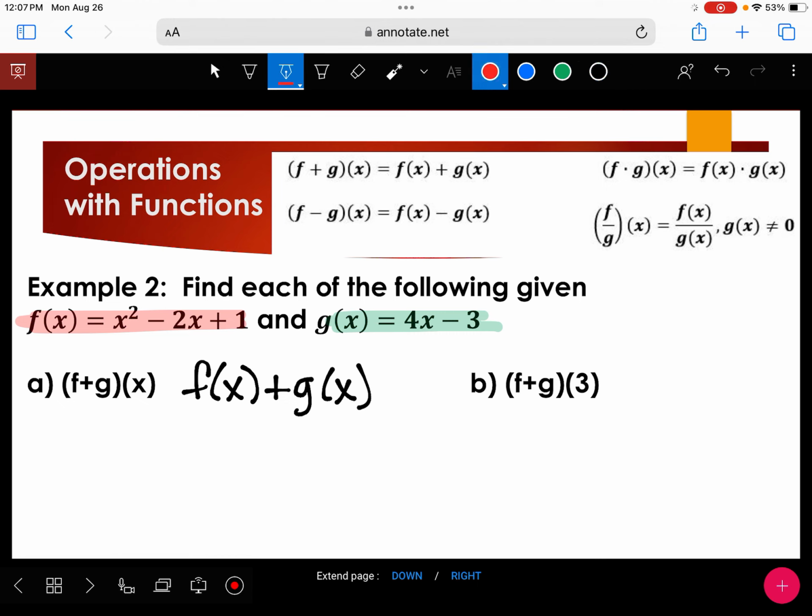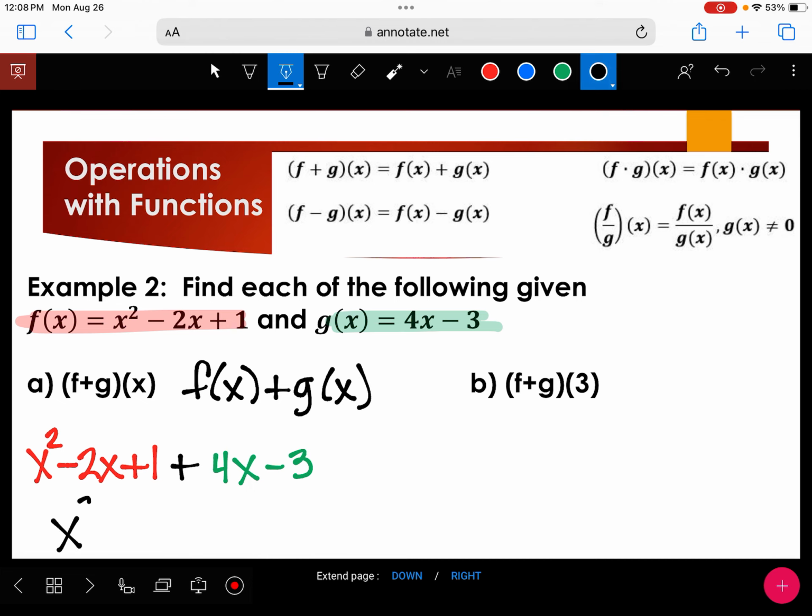So I'm just going to add f of x, which is x squared minus 2x plus 1. And then I'm adding to that g of x, which is 4x minus 3. Go ahead and combine your like terms if you have any. And that's your new function. You're creating a function by adding 2 functions together.